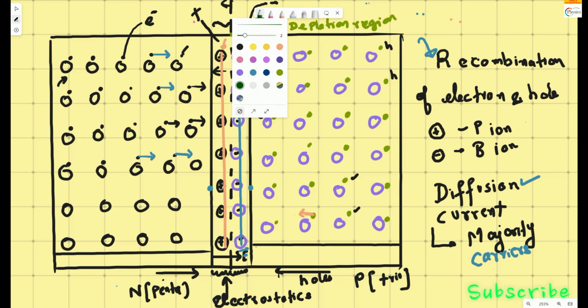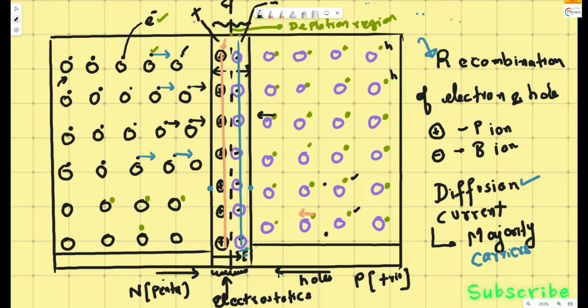So if you remember, the left hand side, which is the N side, had electrons, but it also had some minority carriers which are holes. So look into the holes. The left hand side had minority carriers. So while the N side has electrons as the majority, the holes are in minority. And similarly, if you go to the other side, which is the P side, there are some electrons here also.